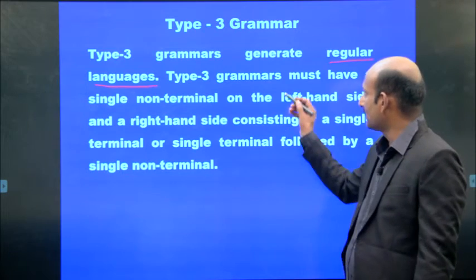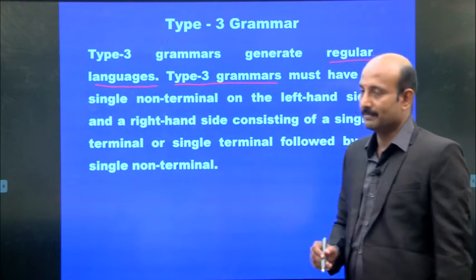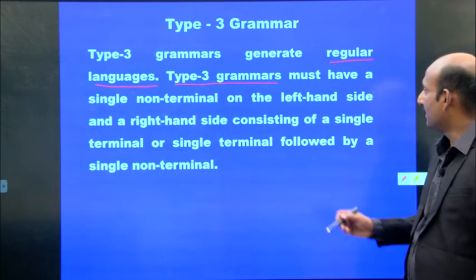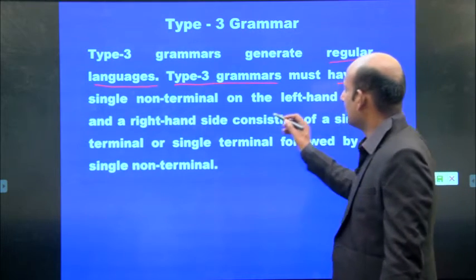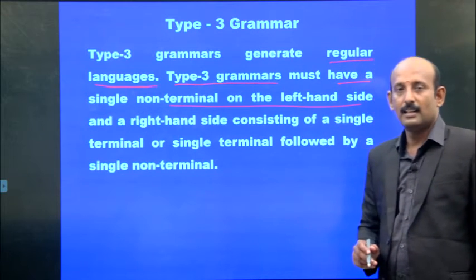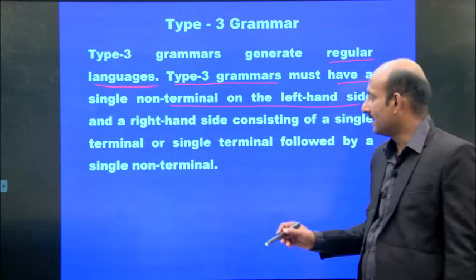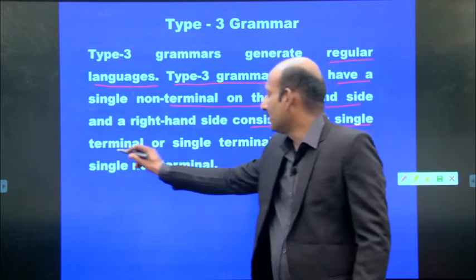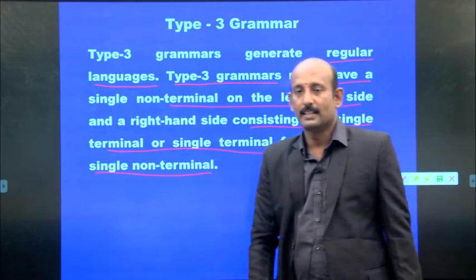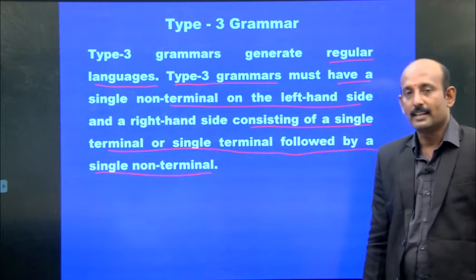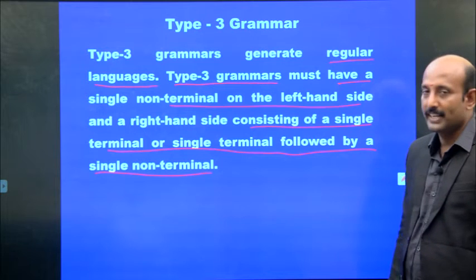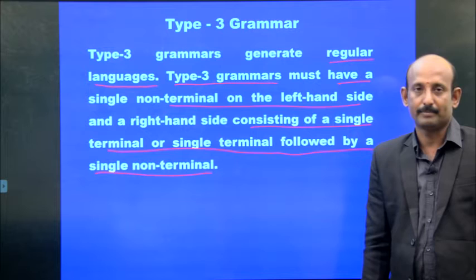Either type 3 grammar or regular grammar must have a single non-terminal on the left hand side, very important, and a right hand side consisting of a single terminal, or a single terminal followed by a single non-terminal.